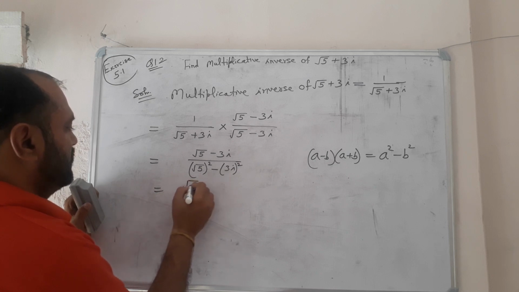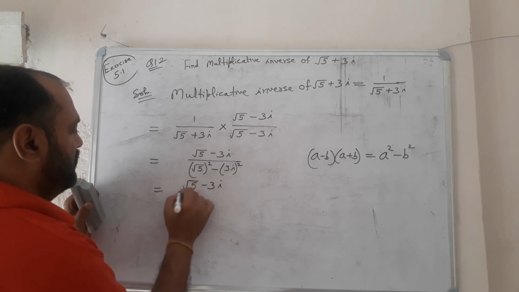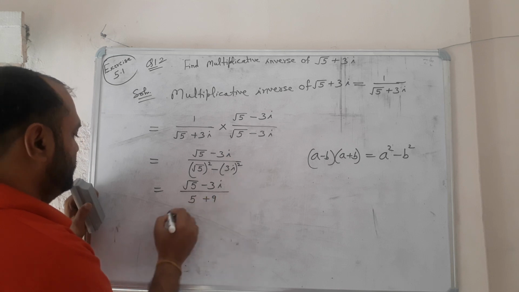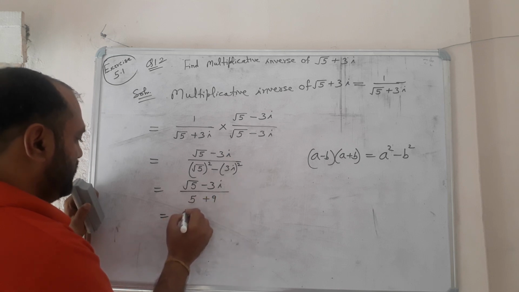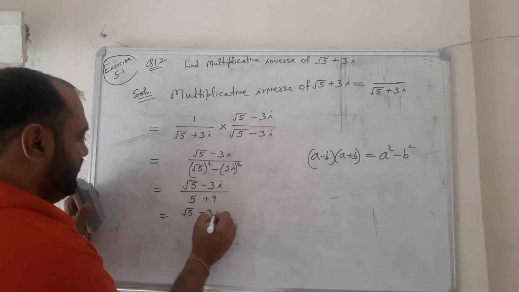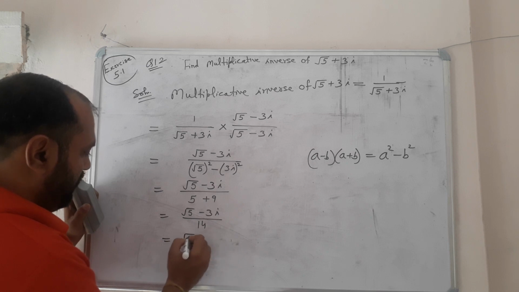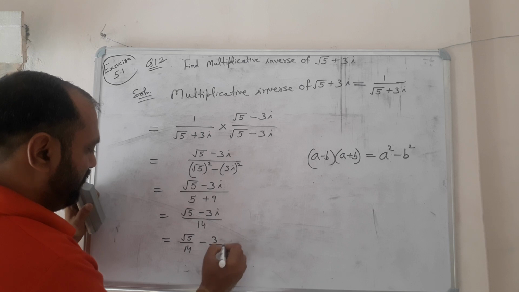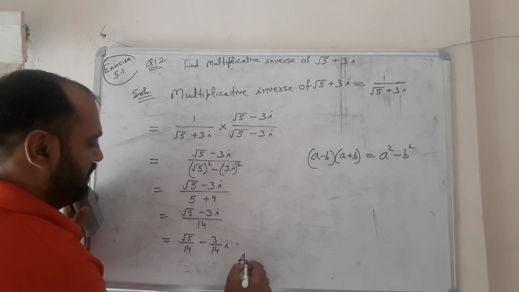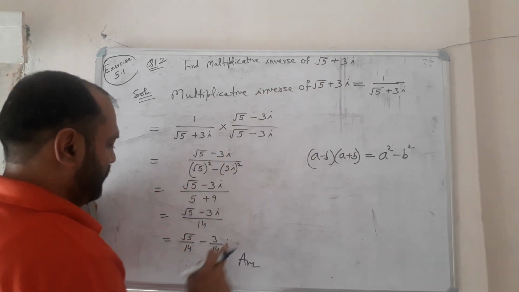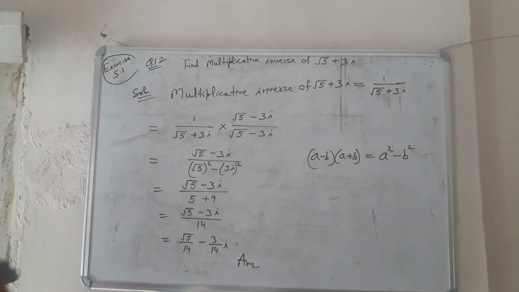So this is root 5 minus 3 iota over, this is 5, this is plus 9. So this is root 5 minus 3 iota over 14. This becomes root 5 over 14 minus 3 upon 14 iota. So this is the right answer. So the multiplicative inverse of root 5 plus 3 iota is this one, right?